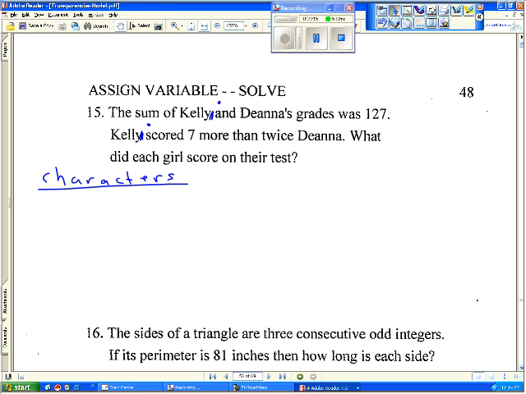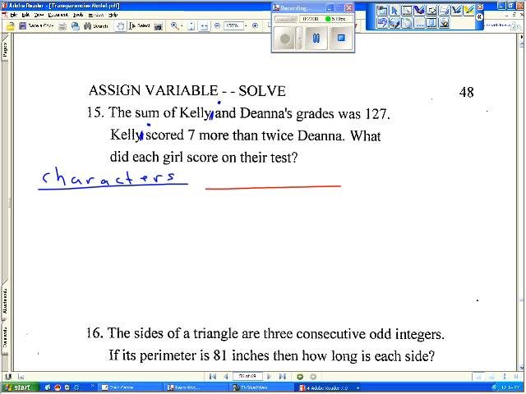Now, we find our characters in our word sentences, right? So we go looking for word sentences. What could word sentences be? A, a comparison between two characters. You find this on page 40, right? B, formulas like perimeter, area, volume, etc. Good.